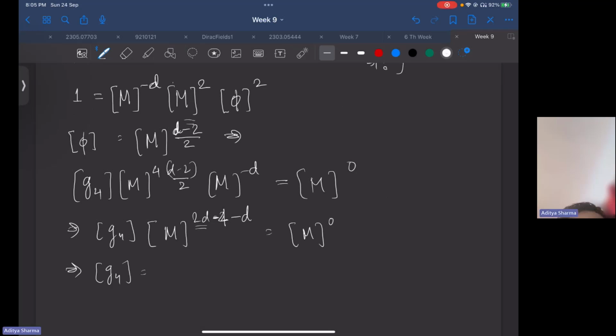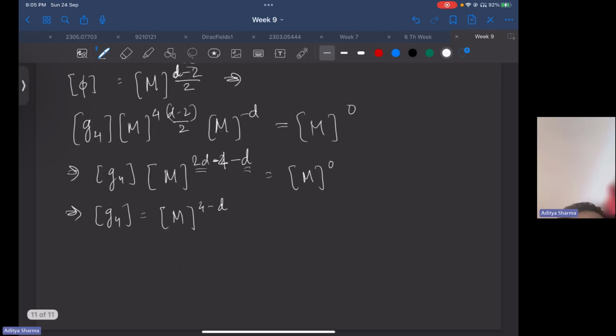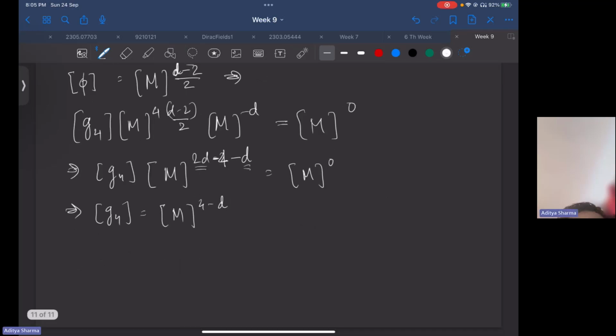When I invert it, d minus 4. This is the answer. The coupling constant, the interaction constant, has a mass dimension of 4 minus d.